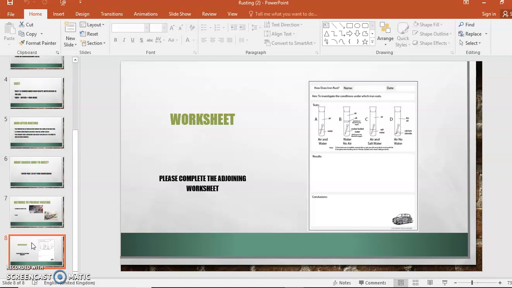In this worksheet you have to write the result as well as the conclusion. Here they have given the nail with air and water, water but no air, air and salt water, and air, no water. So if you do it nicely, it's okay.